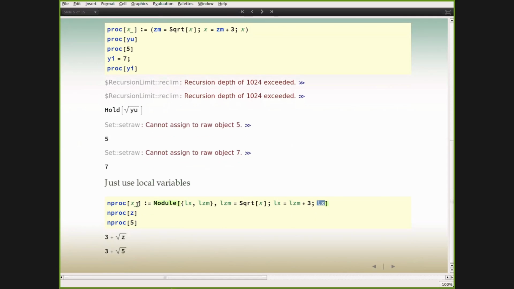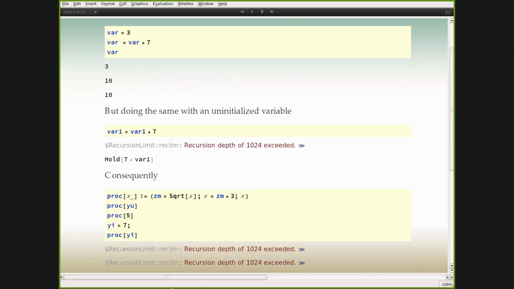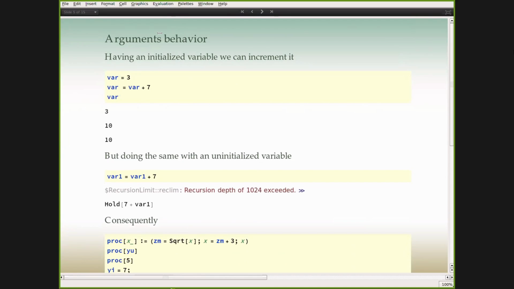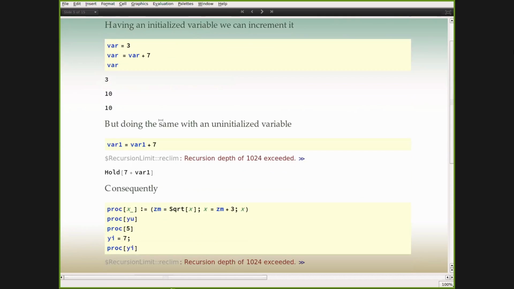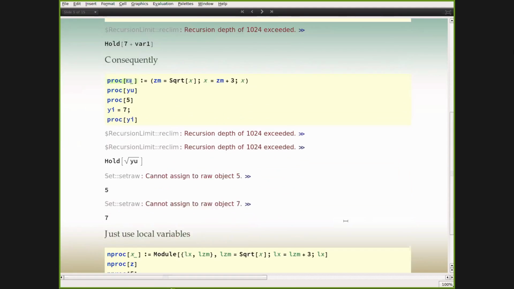Now, when you compute this function with a symbol, you will obtain the result. If you compute this function with a numerical value, you will obtain the result as well. So just remember that arguments in Mathematica behave in this way, because actually these are not variables, but patterns. So this is just a pattern which will be compared with the expression given as the argument, and then the proper action will be undertaken.